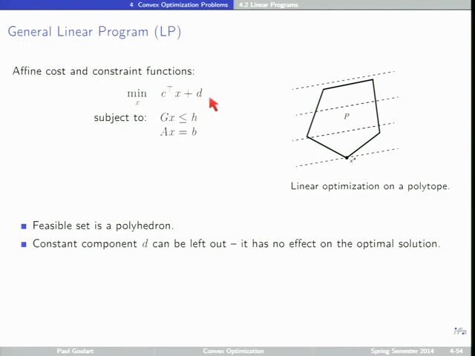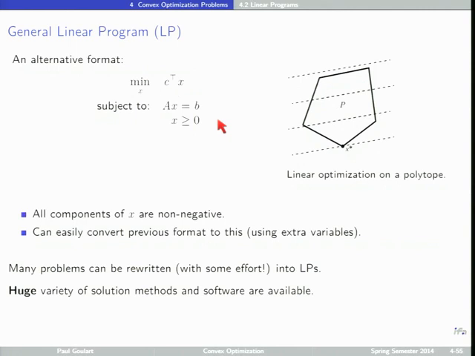Okay, so this is one standard form. So many LP solvers will accept a problem in this format. The other way that linear programs can be defined is like this. It's not really any different. You say I have a linear function. I dropped the constant term here. Doesn't make any difference if you keep it or not. And I say I have an equality constraint Ax equals b, and I have an inequality which is a non-negativity constraint on the variables.